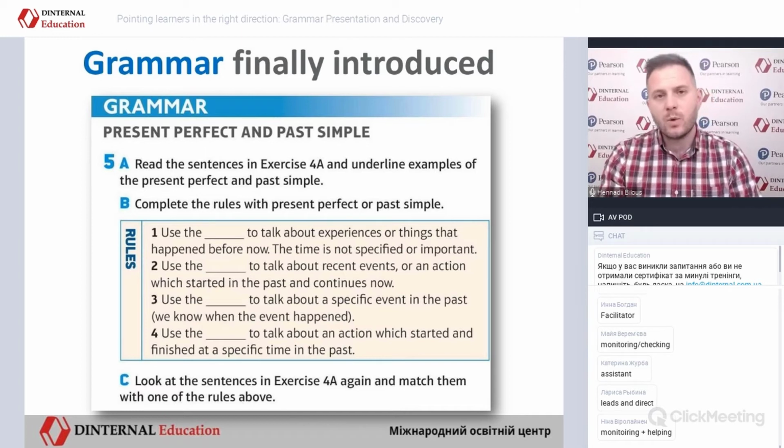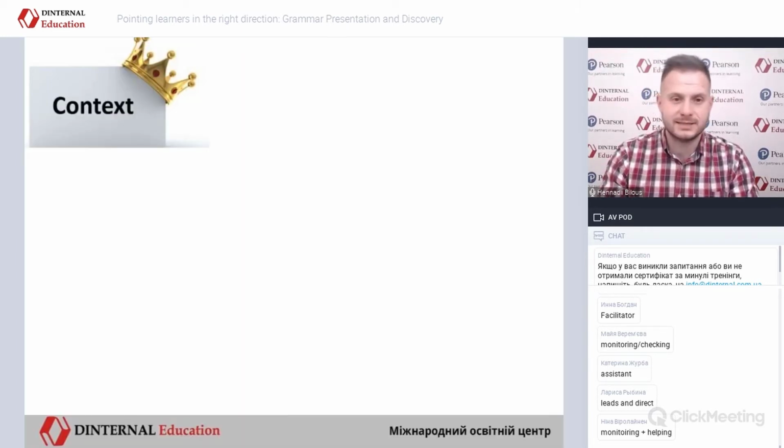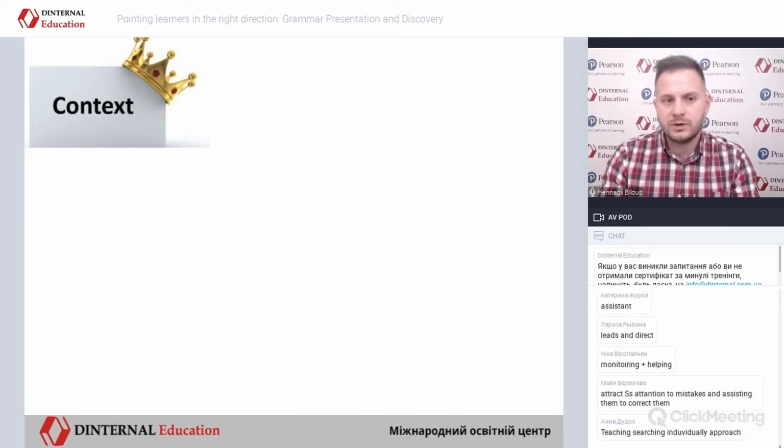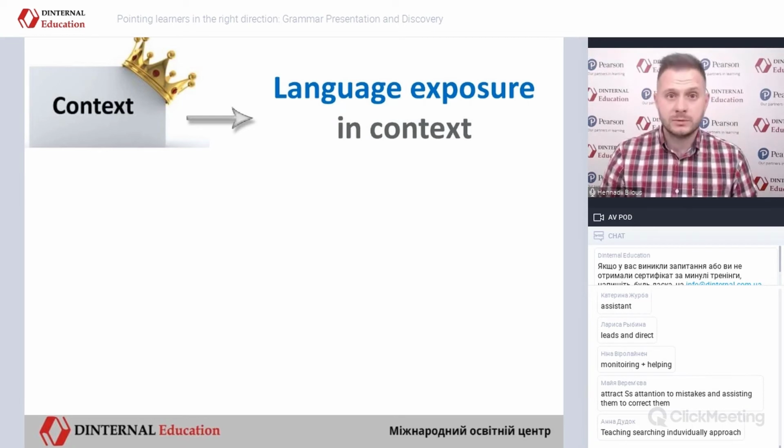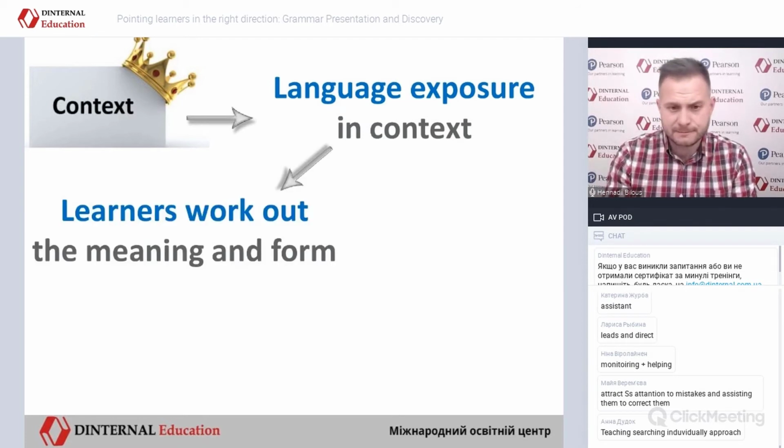So basically, what happened by now here in this lesson? We started it all with the context, yes? Some Hollywood actors, some historical figures, and some predictions. Then the students were exposed to language in the context of a listening activity, in the context of biopics.